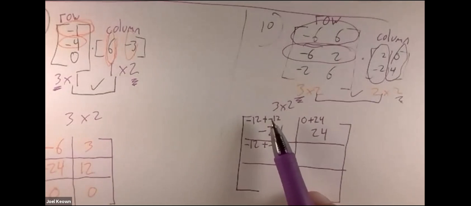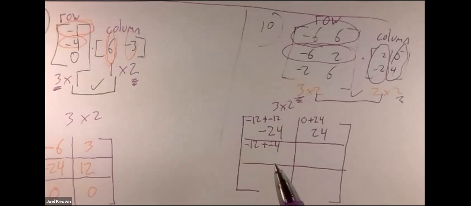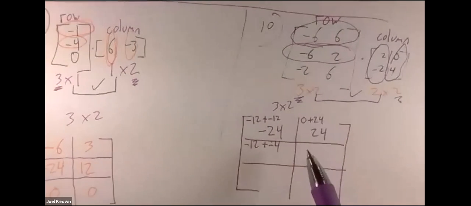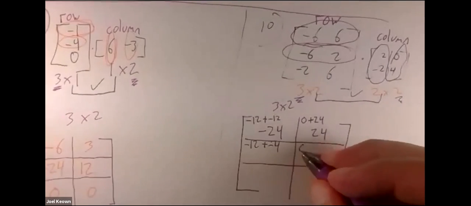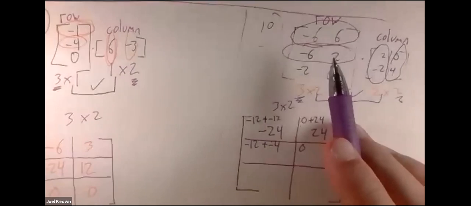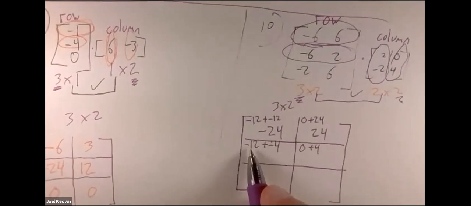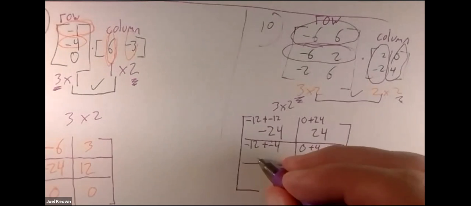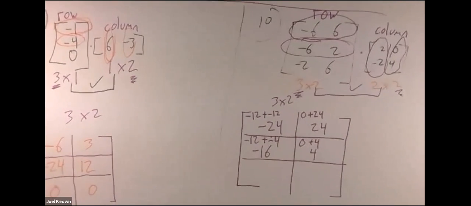If you want to say, oh, well, this number is negative, so it's really negative 12 minus 4, that's perfectly fine. Okay. And then over here, negative 6 times 0, 2 times 4. Negative 12 plus negative 4 is negative 16. 0 plus 4 is 4.